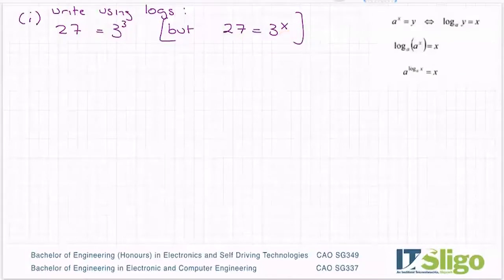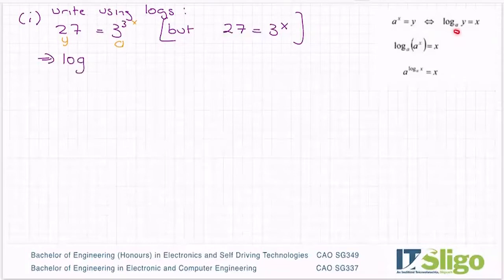Okay, so let's do the switch. You map the letters. So this is your A, this would be your X, and this would be your Y. Where did I get them? I just got them here, and now I'm going to write them using the rules of logs. So that's equivalent to log.